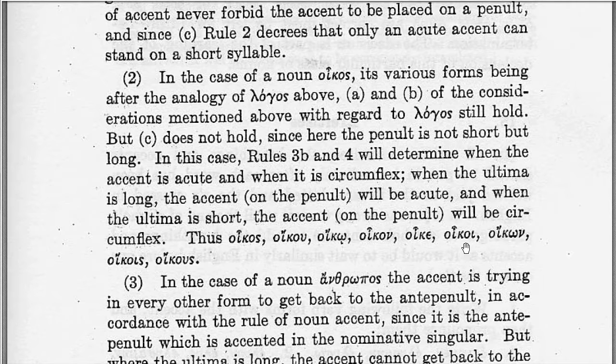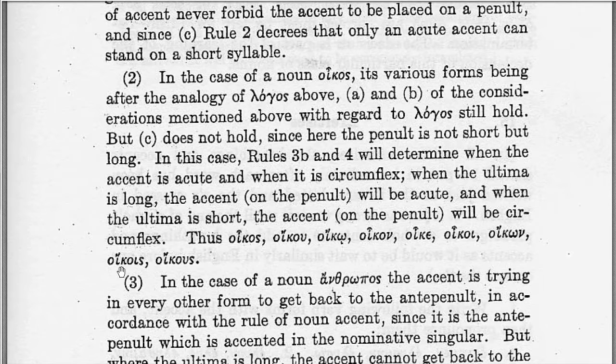Oikoi. What? Oikoi? Is that not long? No, remember, alpha iota or omicron iota, if it's final at the end of the word, it is short. Therefore, look at that. The circumflex will fall on the penult. Next word, oikon. Omega is long, penult gets the acute.